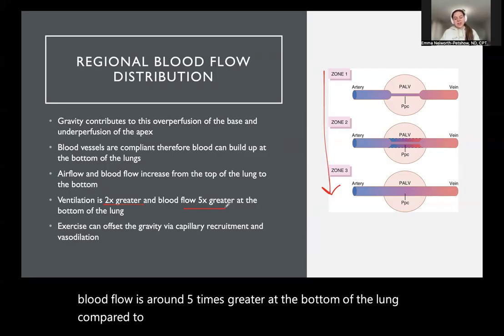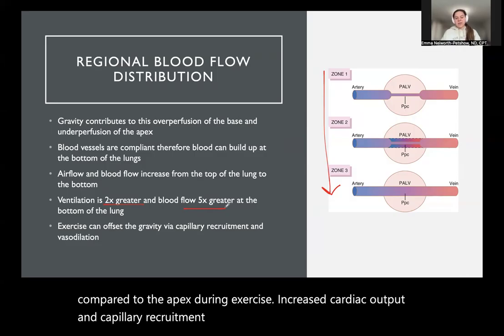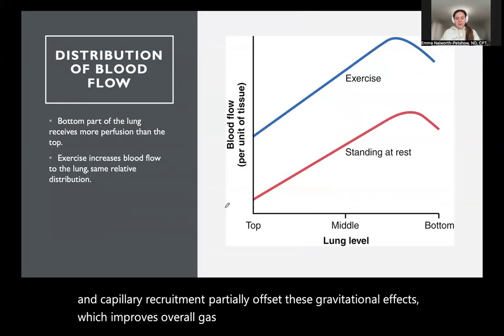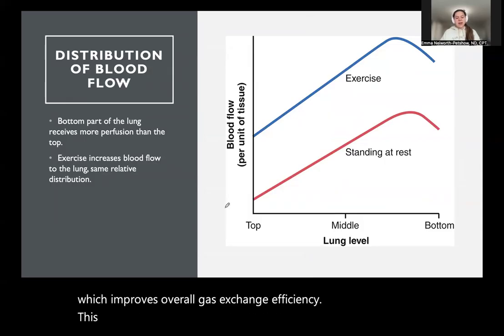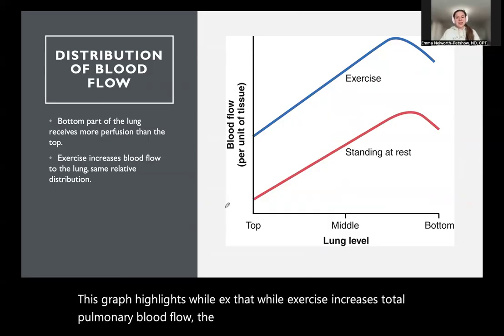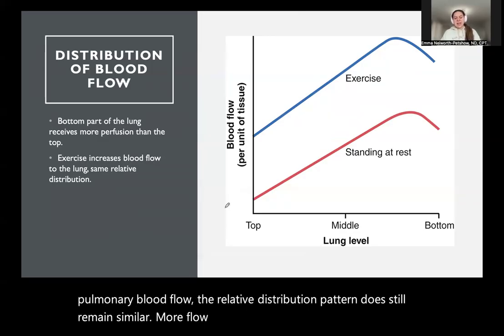During exercise, increased cardiac output and capillary recruitment partially offset these gravitational effects, which improves overall gas exchange efficiency. This graph highlights that while exercise increases total pulmonary blood flow, the relative distribution pattern does still remain similar, more flow at the base than at the apex.